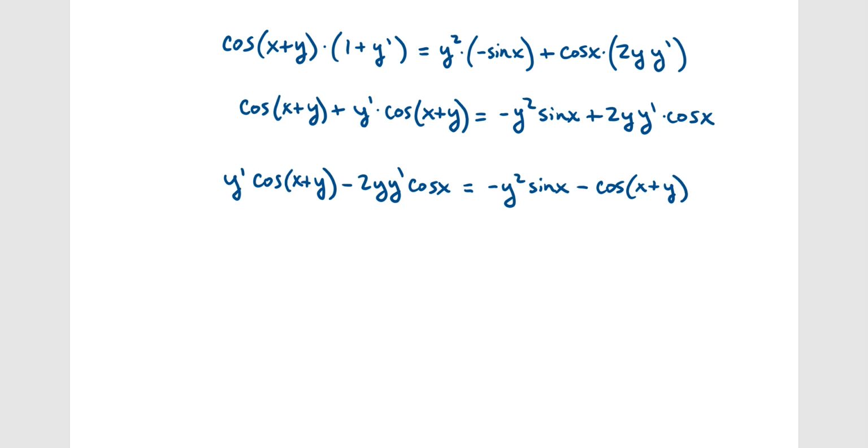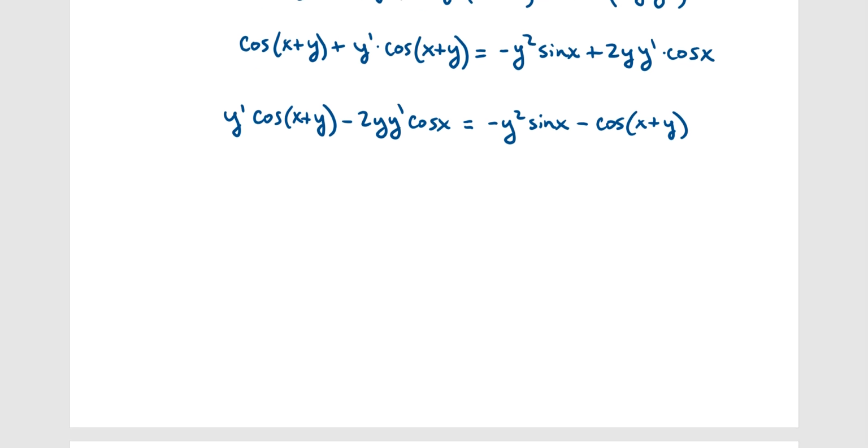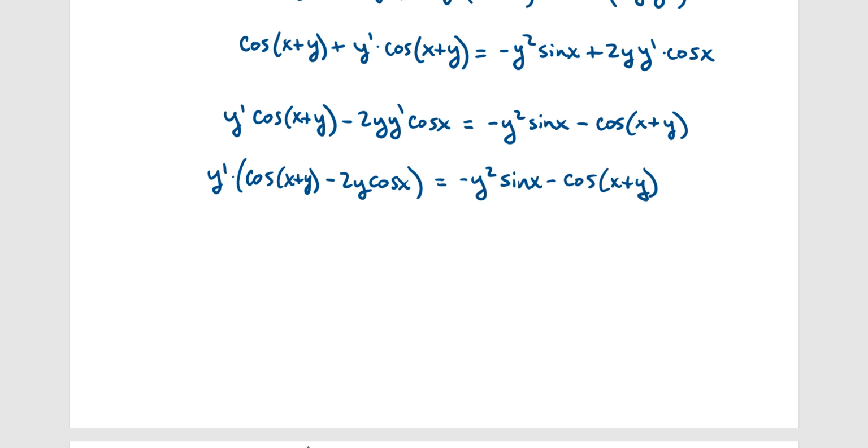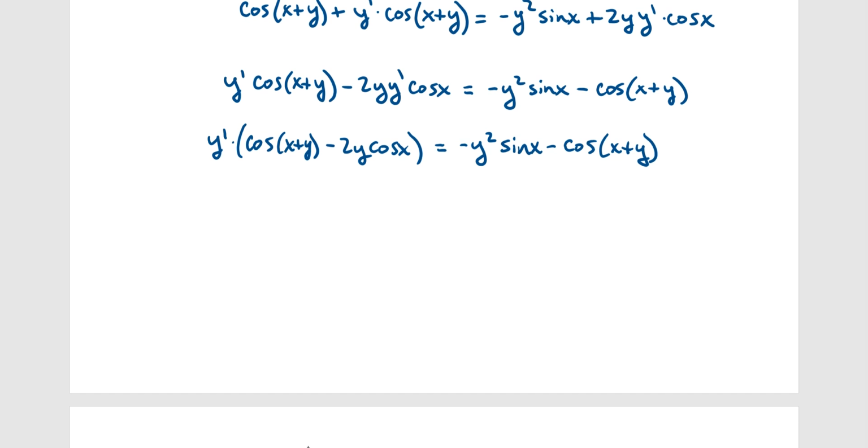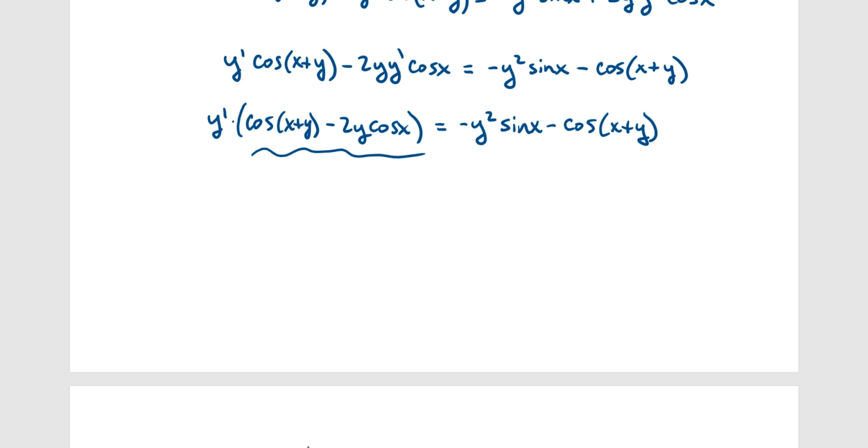Now on the left, let's factor out that y prime, and we're left with cosine x plus y minus 2y cosine x. The right side stays the same. All we have to do now is divide by what's in these parentheses, and that gives us y prime by itself.